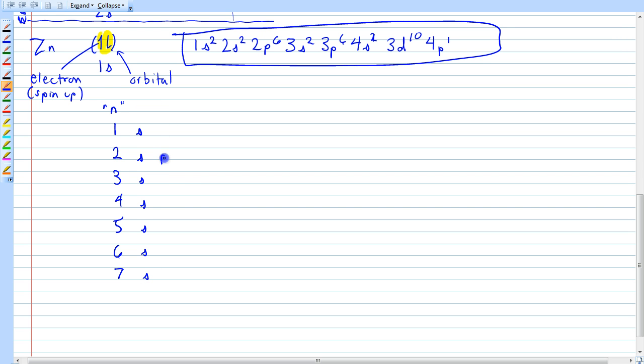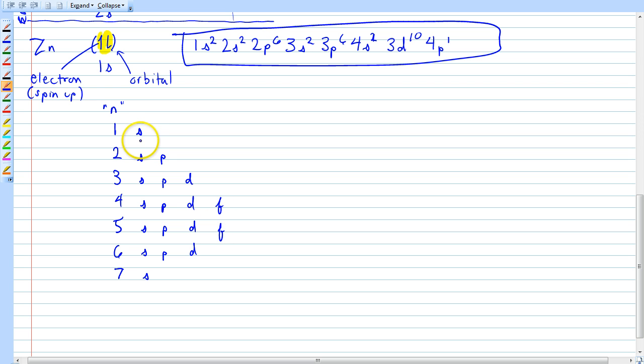There's a p sublevel starting in the second, third, fourth, fifth, sixth. Then there's a d sublevel here, and we have an f sublevel that we'll have to deal with in a couple of these.